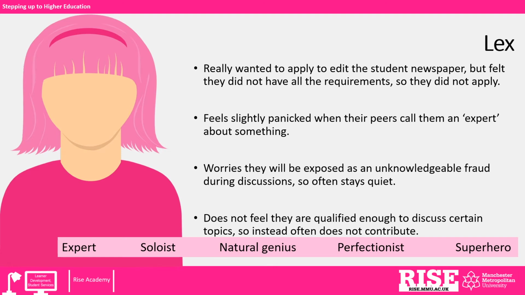Lex does not feel they are qualified enough to discuss certain topics, so instead they stay quiet during discussions. Consider if Lex is an expert, soloist, natural genius, perfectionist, or superhero. Again, press pause whilst you consider this, and press play when you're ready to continue.